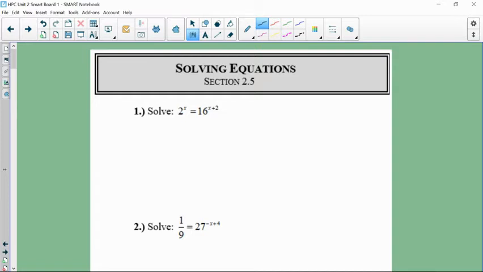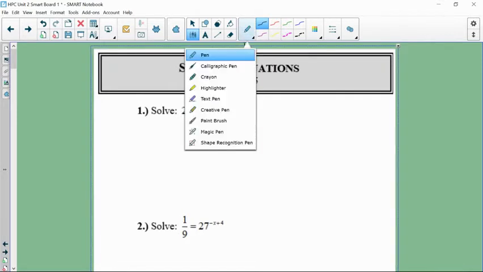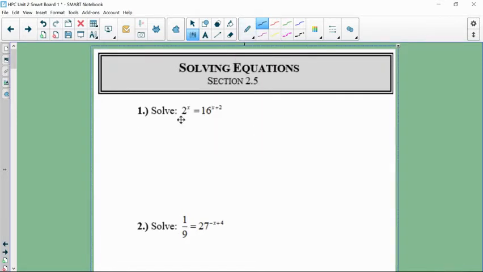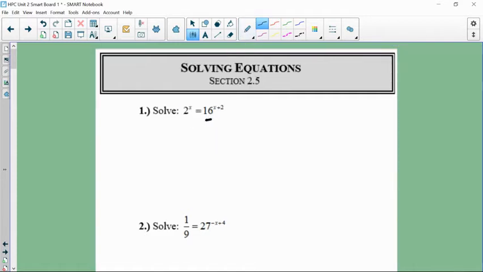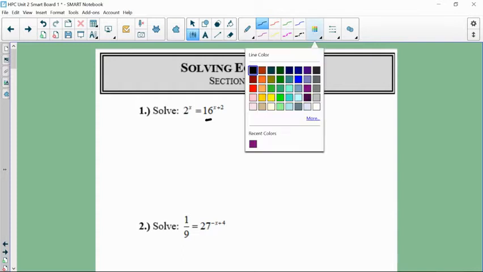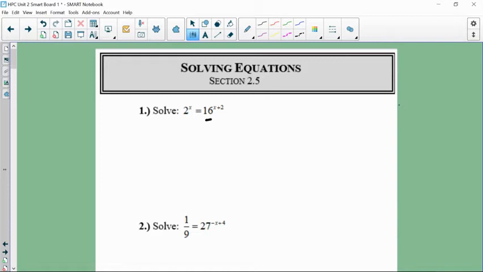So one basic technique of solving exponential equations is to try to get the same base. I'm noticing there's just a 2 to the x, but I'm also noticing that that 16 could be written as a power of 2. So what I'm going to do is rewrite that as a power of 2 and try to write this as an exponential only, like, base equation.